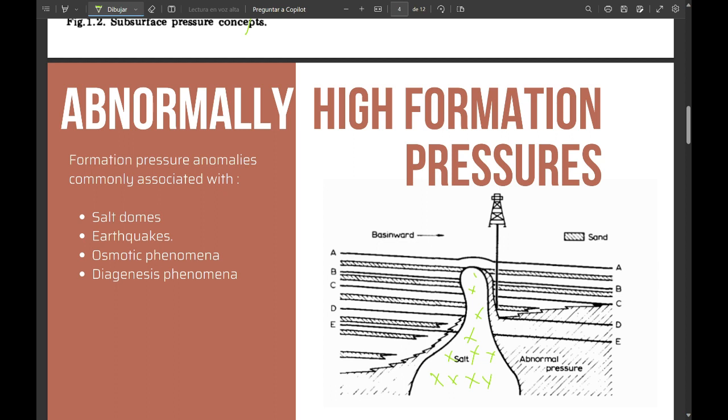It's the same thing with earthquakes, because they make faulting, and the faults and fractures can act like a conduit for fluid migration, leading to localized increases in pressure. Similarly, the failure of sealing rocks can also allow the fluids to migrate. But in the case of abnormally high pressure, it is because the fluids are not allowed to escape.